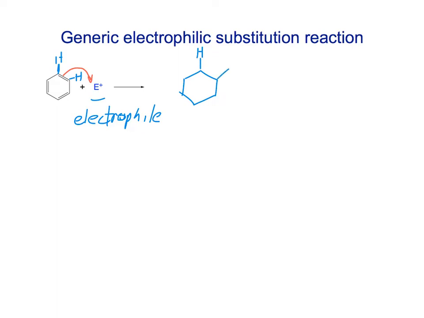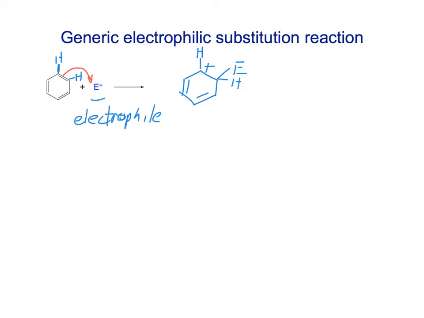That E group is going to attach to one of those carbons. We're going to get something like this. These other two double bonds so far have been unaffected. And what else needs to go where that hydrogen is? A positive charge. Just like with the electrophilic addition reactions of alkenes, we formed a carbocation as an intermediate.